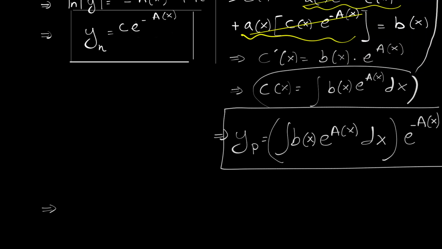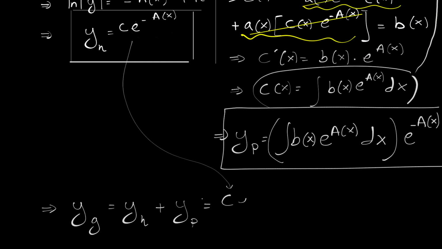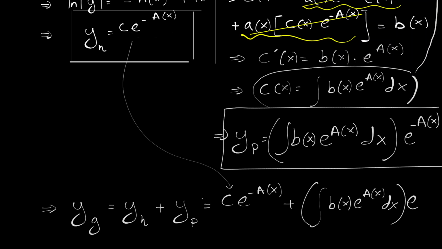Finally, we can write the general solution. As I said previously, the homogeneous solution plus the particular solution, which is c times the exponential of minus A of x plus the particular solution, which is the integral of b of x times the exponential of A of x dx times the exponential of minus A of x.